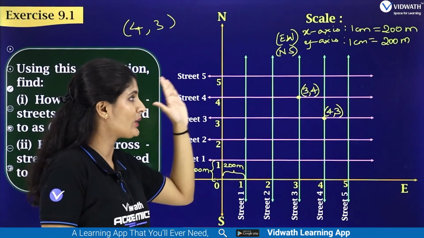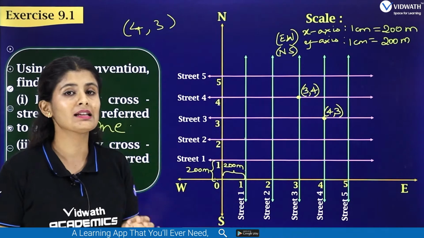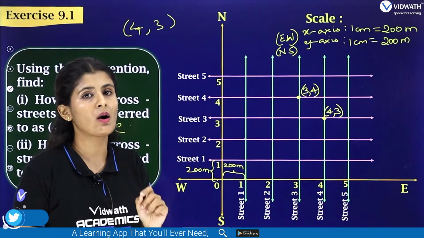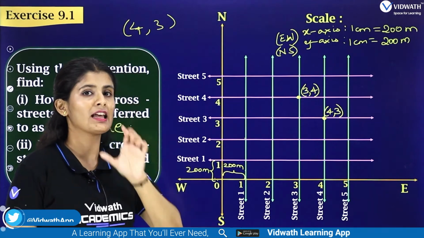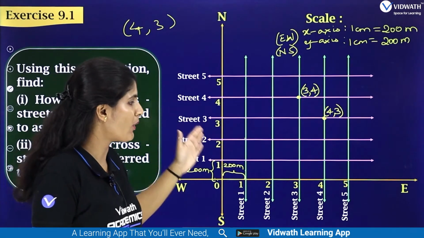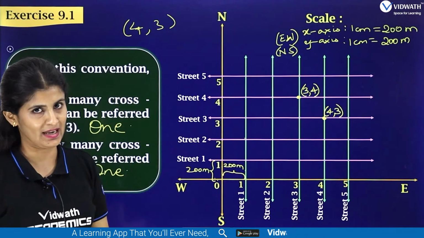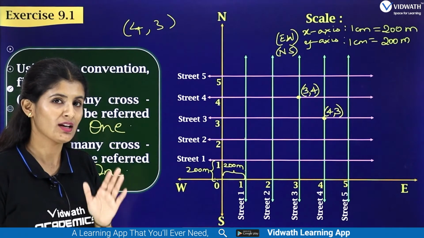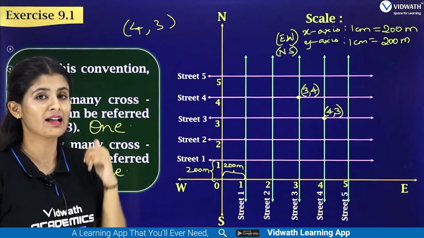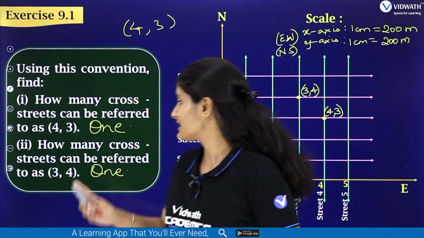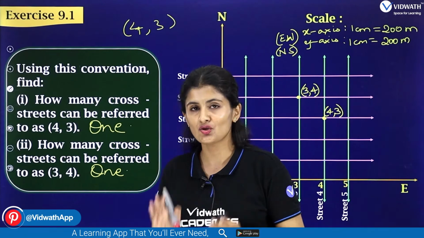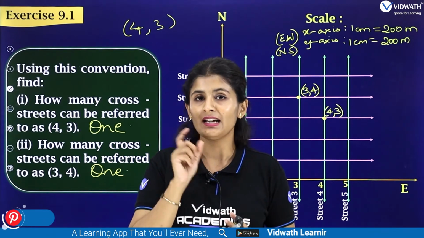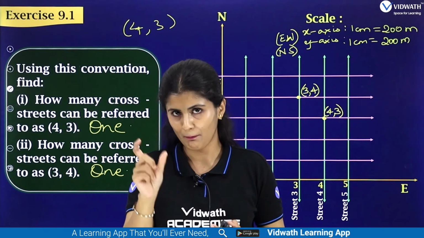So, to each point, there is a unique coordinate, and also to each coordinate, there is a unique point on the plane. I hope you understood the meaning of ordered pair that I was talking about earlier. This is why I call it an ordered pair. A certain order has to be followed while writing the two coordinates in the pair.